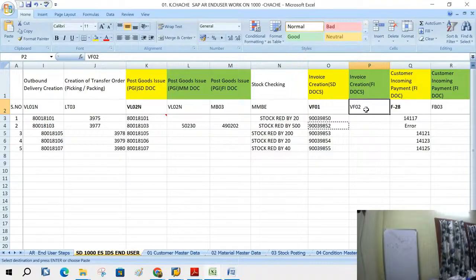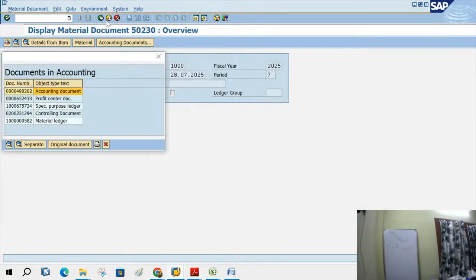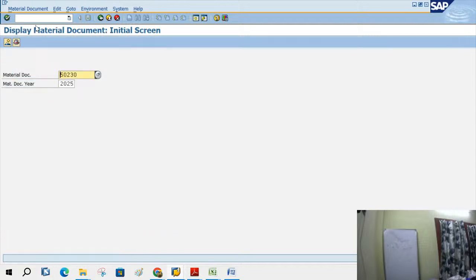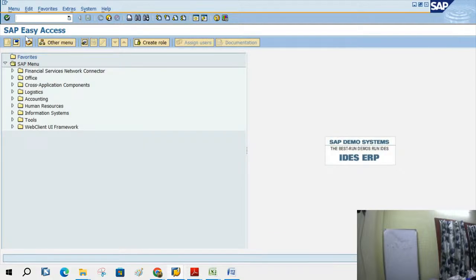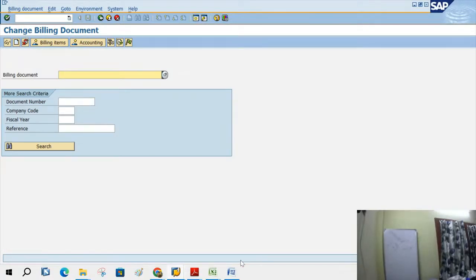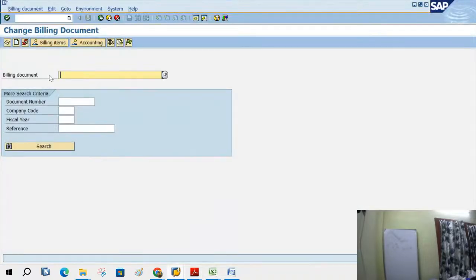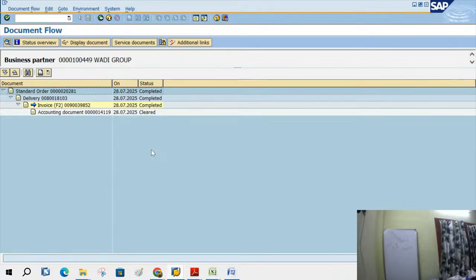Go to VF02. Here is the billing number 900, correct? And you have to click on this document flow. Am I clear?